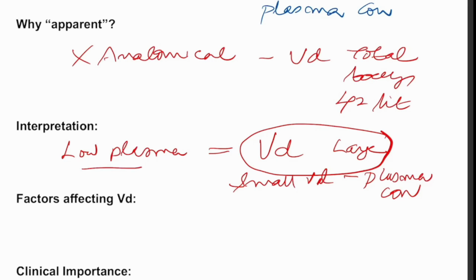Last time we mentioned the factors affecting volume of distribution. One is the lipid solubility. Second is plasma protein binding. Third is the particle size or molecular size, and the tissue binding.